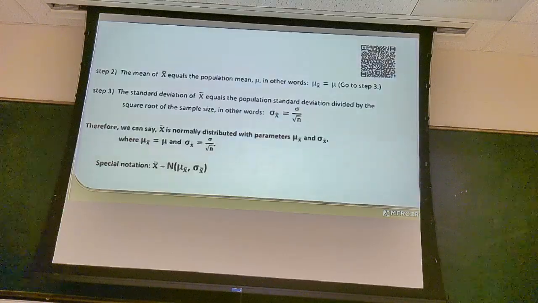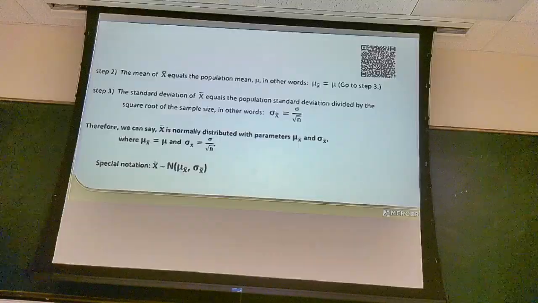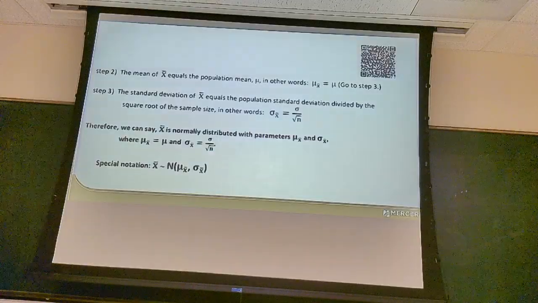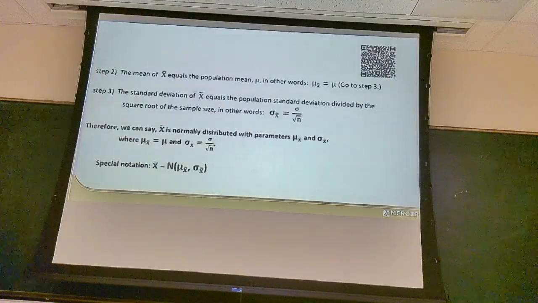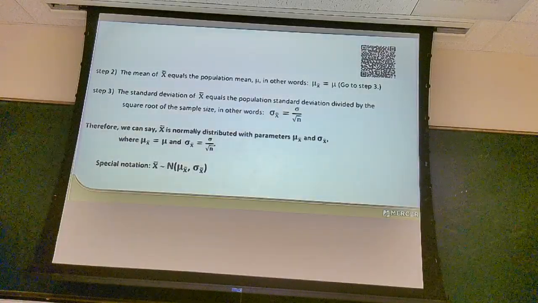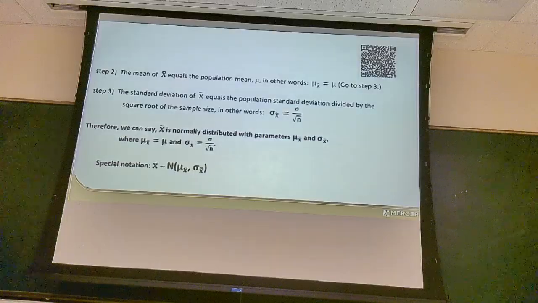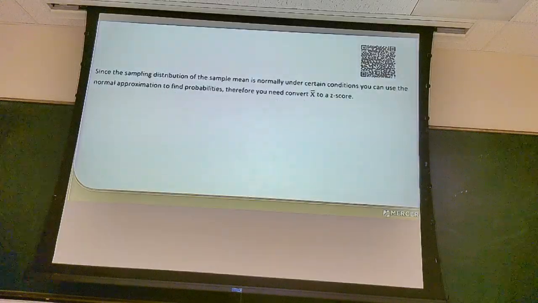So we'd say that x bar is normally distributed with mean mu of x bar and standard deviation sigma of x bar. If you're calculating by hand, you're going to standardize it.